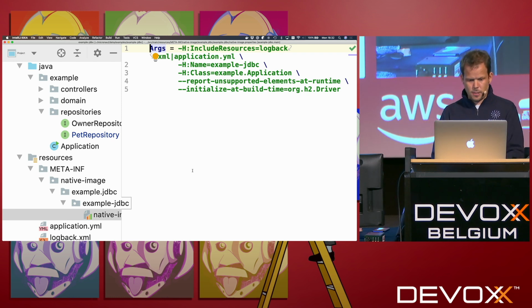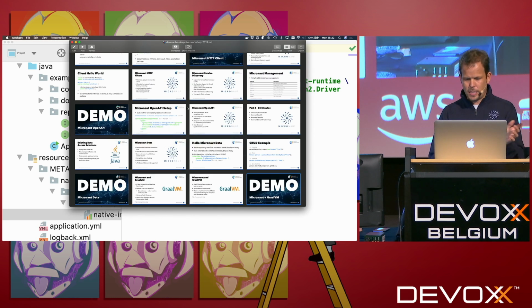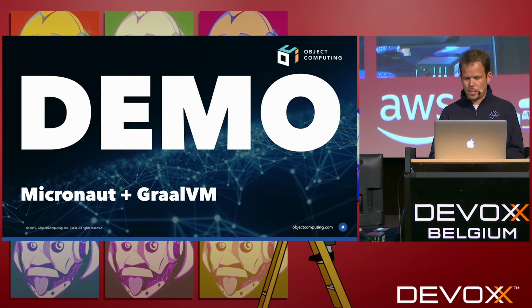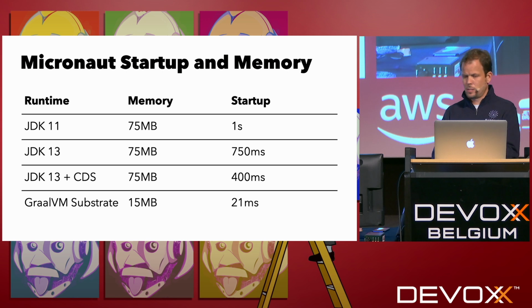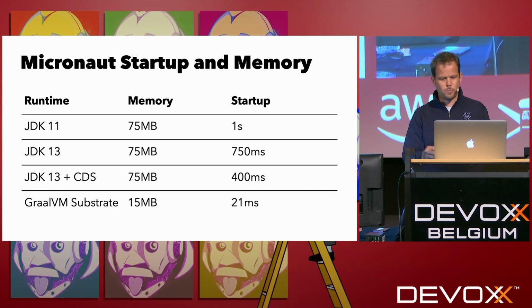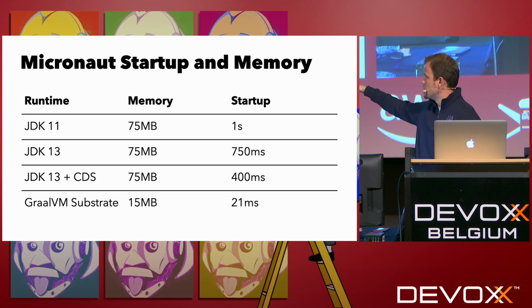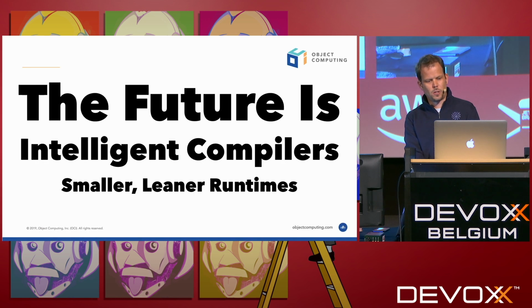I think it's really compelling technology, and there are serious improvements coming the way of the JDK and Java in general in terms of memory consumption. So keep an eye on the space because things will continue evolving. These are the kind of stats you can see, and it's very exciting technology.